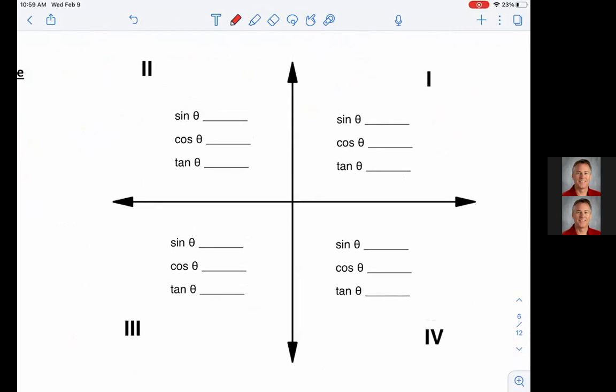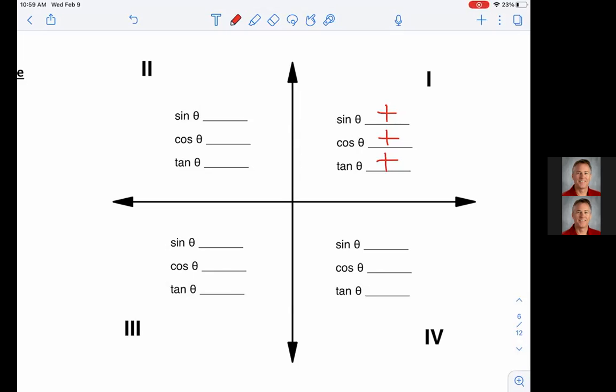So in the first quadrant, the y value is positive and the x value is positive. And the tangent is the sine over the cosine. When you take a positive divided by a positive, you get a positive number. So all of those sine, cosine, and tangent, all those functions are positive in the first quadrant.